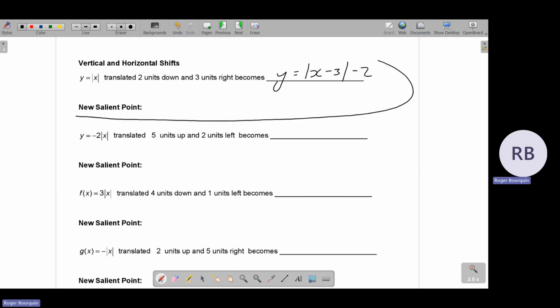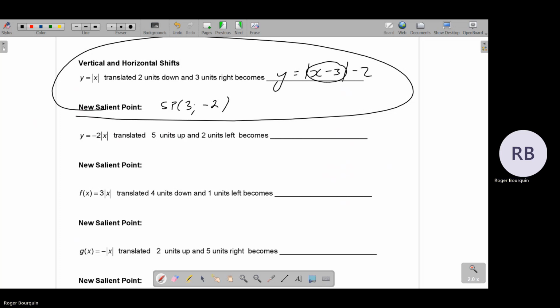It was 0, 0, but it's moved 3 to the right and 2 down. So what are the coordinates going to be? 3 and -2. So it's opposite with the horizontal, and the same as the vertical. Try this one.